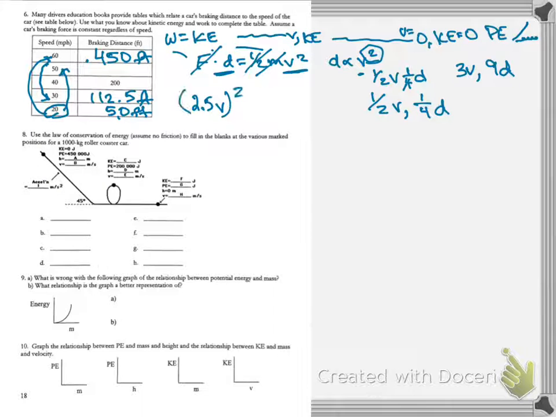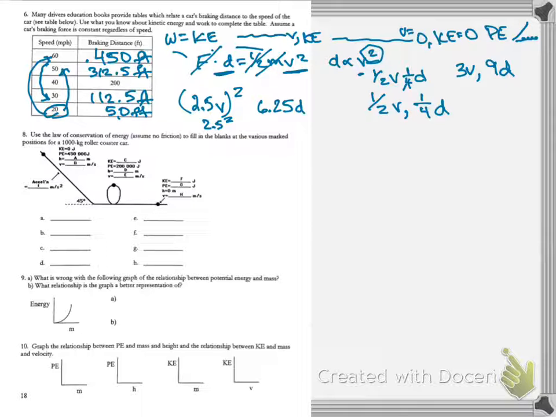But remember, you have to square it, so it ends up being 6.25 the distance. I think that's what 2.5 squared is. So 6.25 times 50 is 312.5 feet. Again, I know this is not easy, but if you're getting better at understanding the relationships, you don't have to do as much math, which we all appreciate.